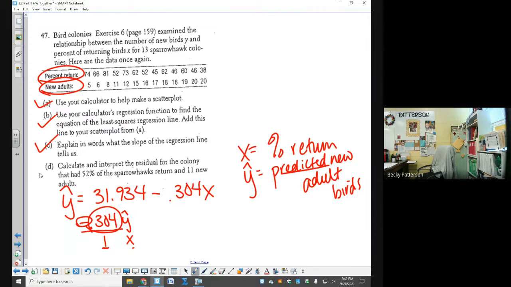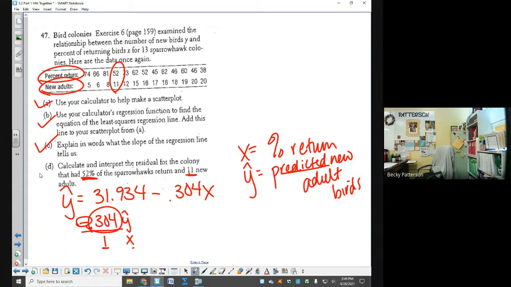Calculate and interpret the residual for the colony that had 52% of the sparrowhawks return and 11 new adults. 52, 11, there it is. Well, residual is what? Y minus Y hat. Who do we have?